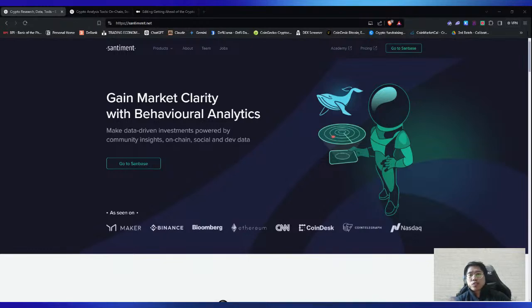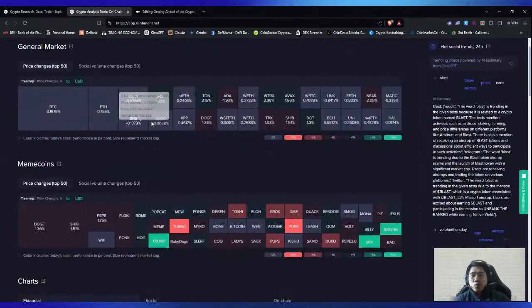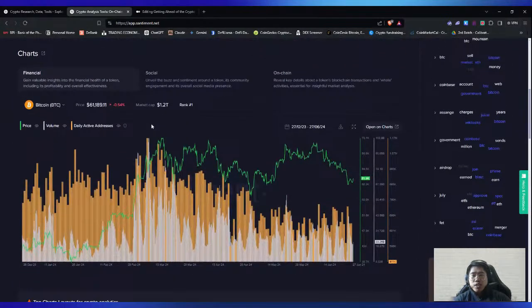Now let's go over some key features of Sentiment. The first one is on-chain analytics. On-chain analytics, in its simplest form, are an array of tools that provide details about a token's transactions, network activity, and even whale activities.